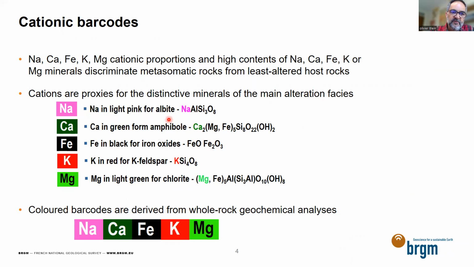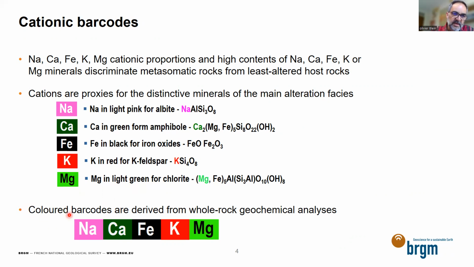Sodium in light pink for albite, calcium in green for amphiboles, iron in black for iron oxide, potassium in red for potassic feldspar, and magnesium in light green for chlorite.